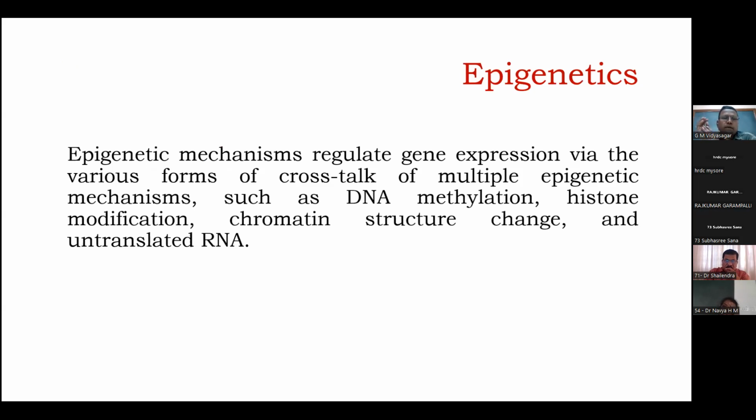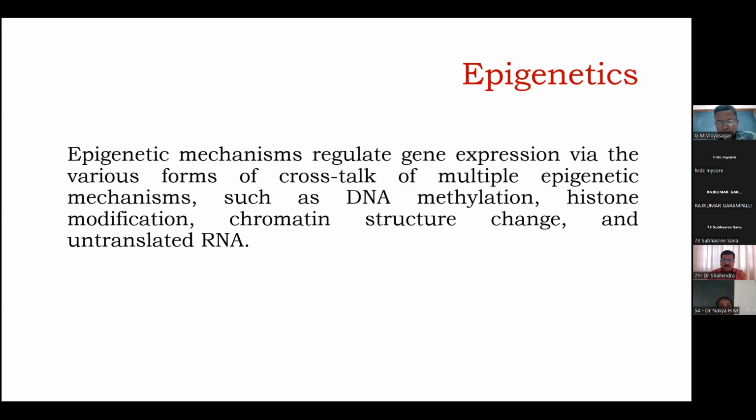Okay. And again the epigenetics one. So epigenetic mechanisms regulate gene expression via various forms of crosstalk of multiple epigenetic mechanisms such as DNA methylation, histone modifications, chromatin structure change, and untranslated RNAs.